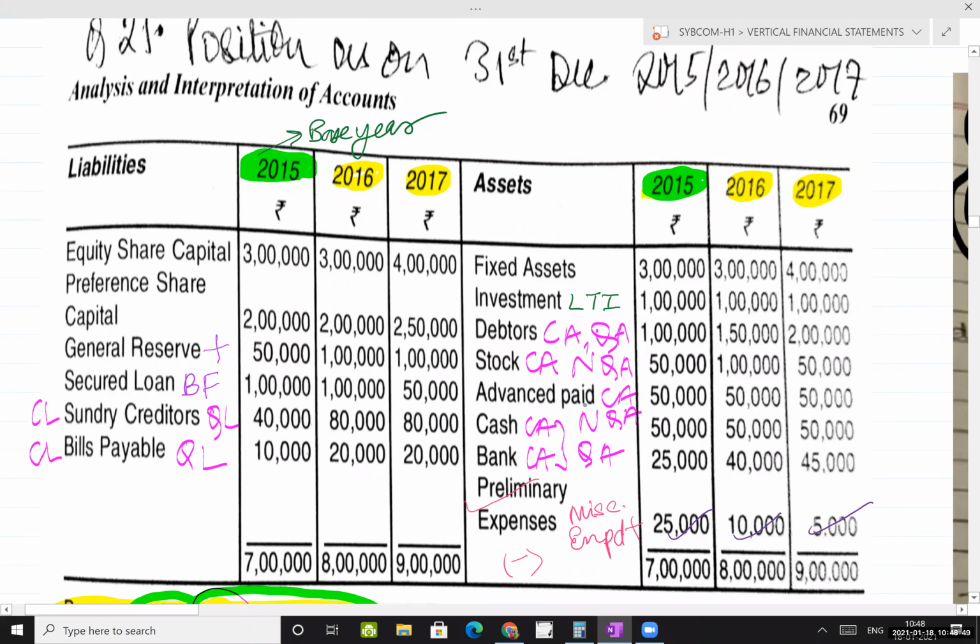Advance paid, that is prepaid expenses, a current asset under the category non-quick. Then cash is a current asset, bank is a current asset under the category quick. And preliminary expense is nothing but my miscellaneous expenditure, which I will subtract from owner's funds.